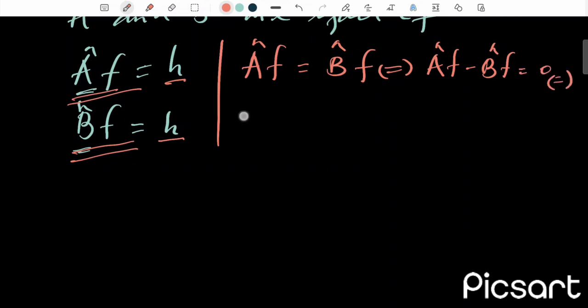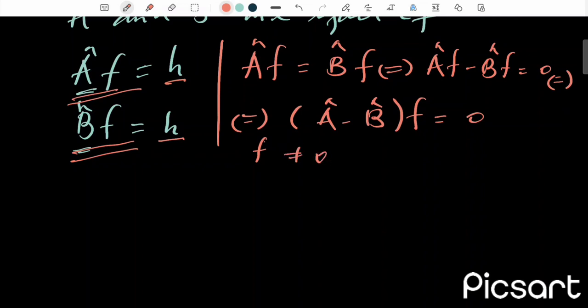And from here, as we mentioned about the sum of two operators acting on the same function, we have A minus B applied to f equal to 0, where we are supposing that f is different to 0.